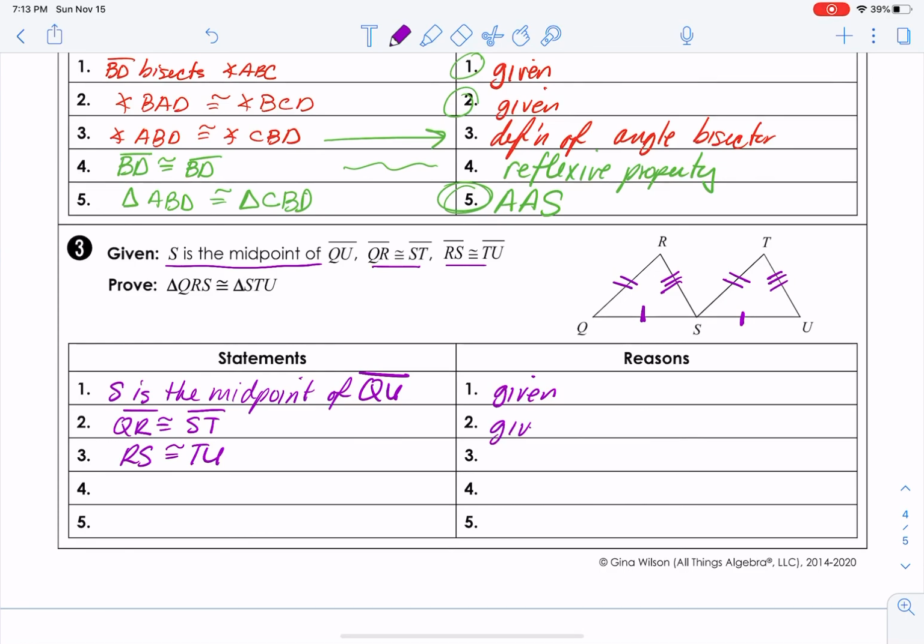And those are all given to me. Now, how did I know this? I know that QS is congruent to SU because that's the definition of midpoint.